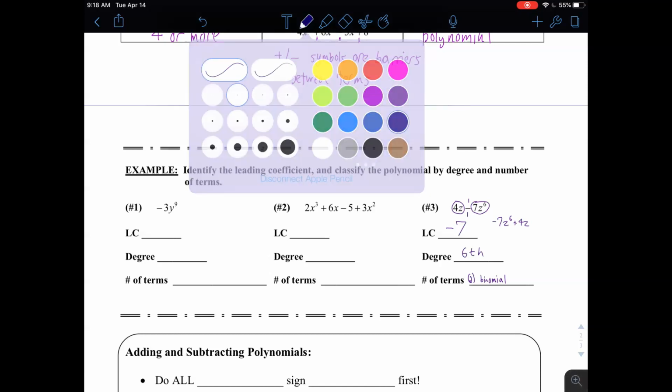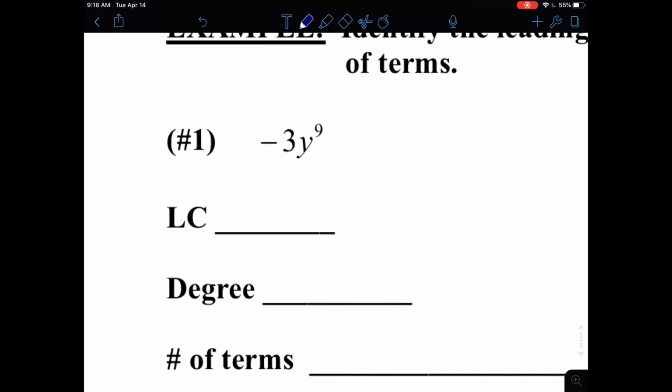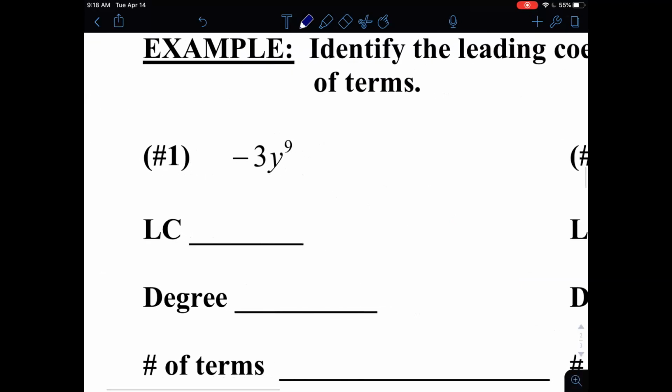Alright, welcome back. So for number 1, what's the leading coefficient? There's only one term here. The leading coefficient should be negative 3. What's our degree? What's the highest exponent we see here? It's 9. Does 9 have a name or no? It doesn't. We're just going to call it a 9th degree polynomial.